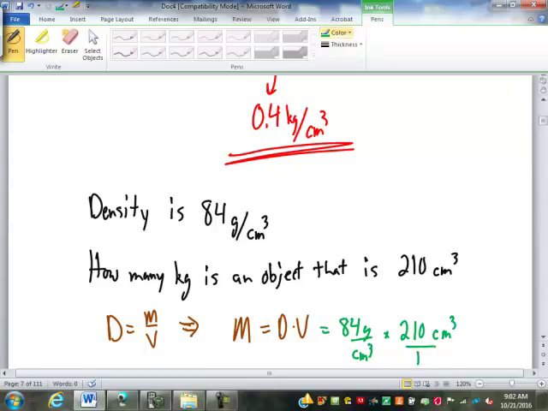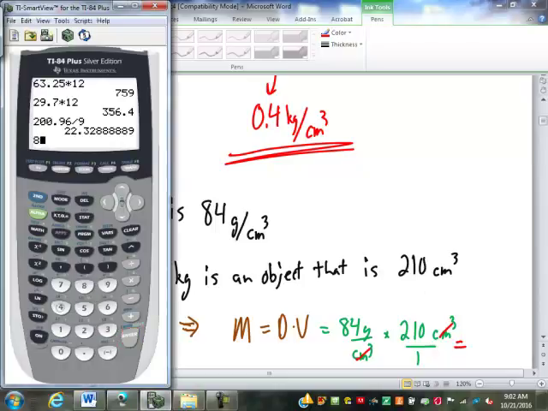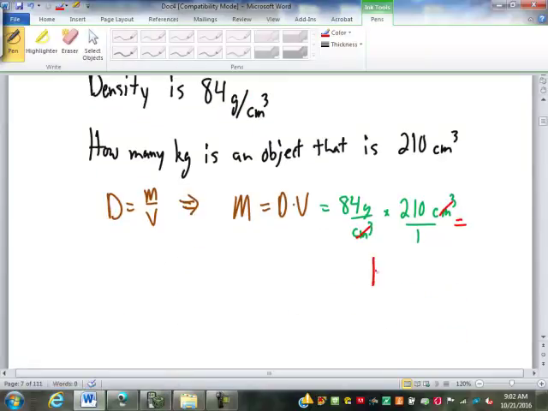If I put that over 1, we'll notice here, cubic centimeters cancel out. I have 84 times 210. It's 17,640. What units is going to be on this? Grams.